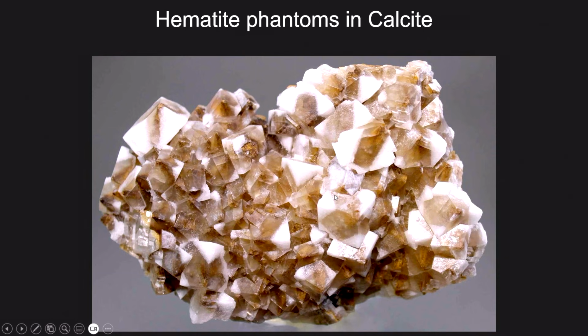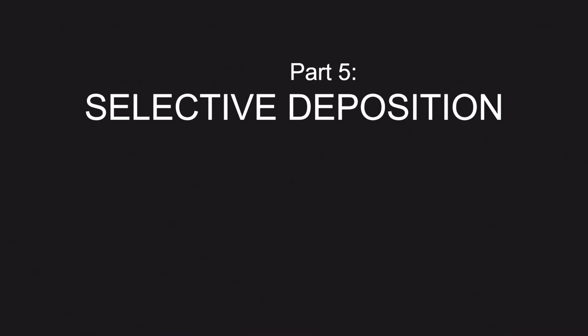At least if you use your imagination, you can convince yourself that there is a Y-shaped configuration there. And the reason that that Y-shaped configuration is important is because it is useful in explaining selective deposition. Now, what do I mean by selective deposition?